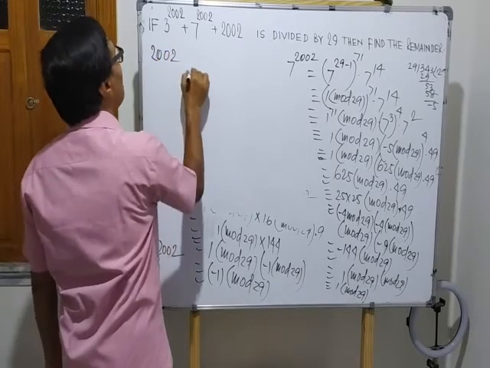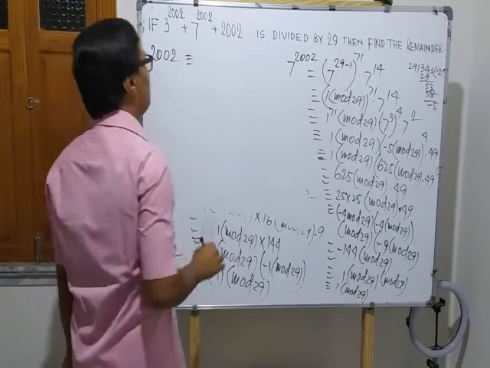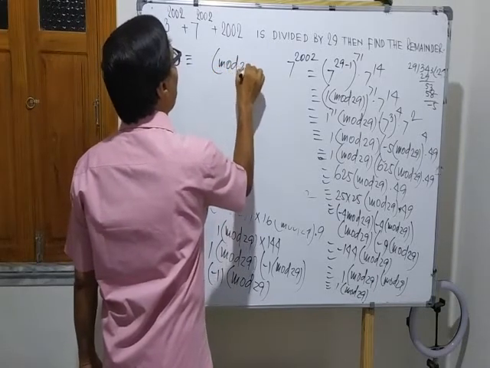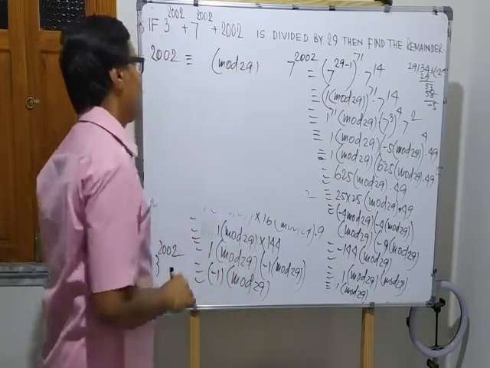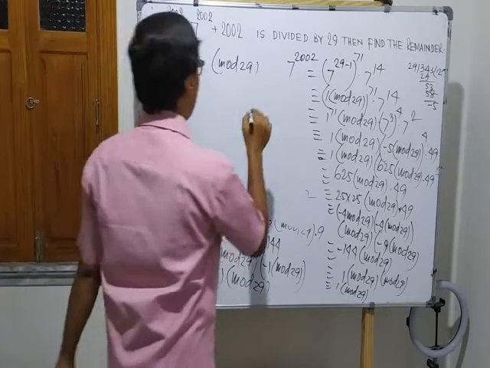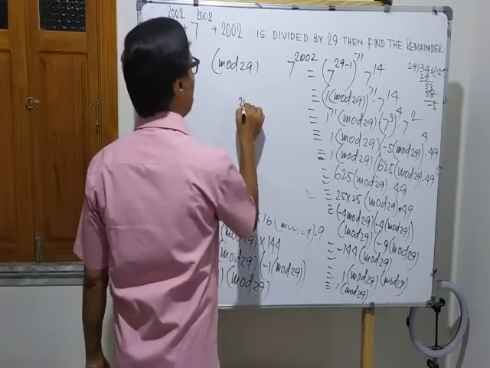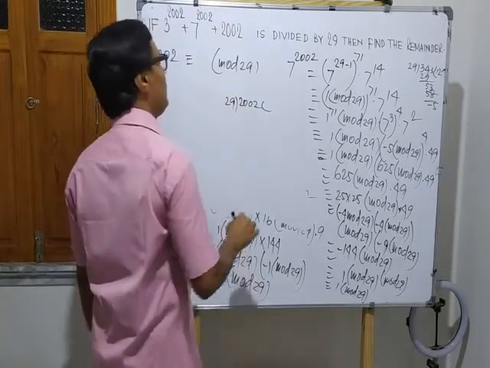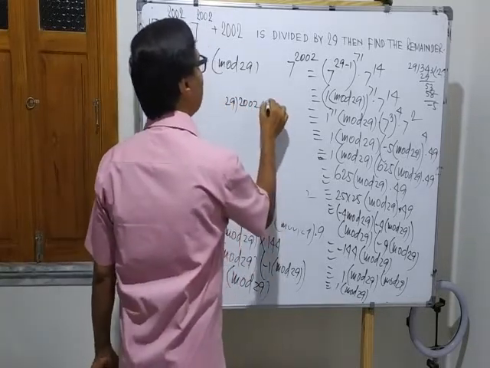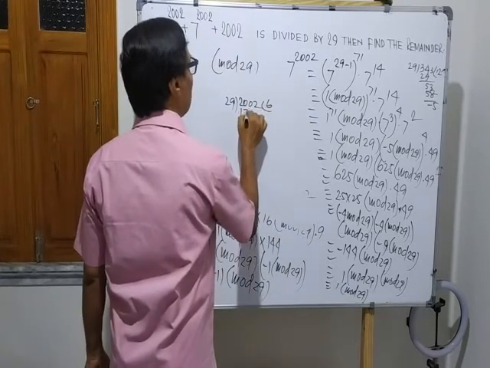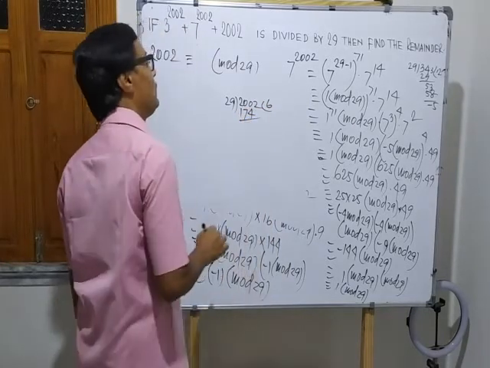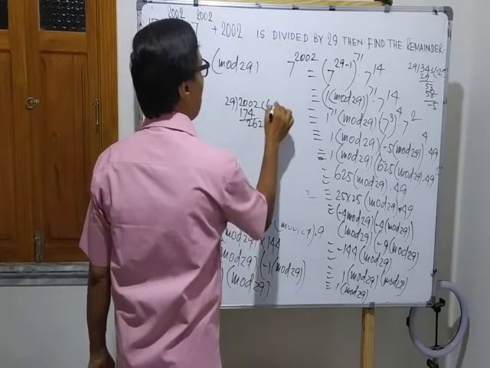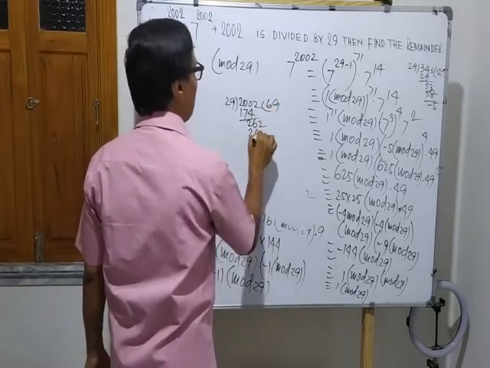2002 is congruent to what modulo 29? What is the remainder? If we divide 2002 by 29, this is 174, and here 9, 1.